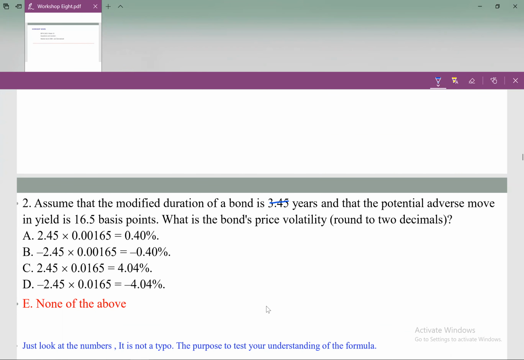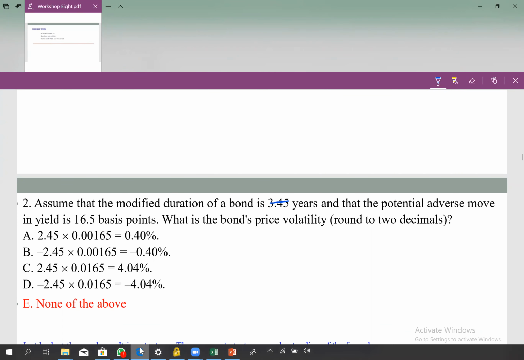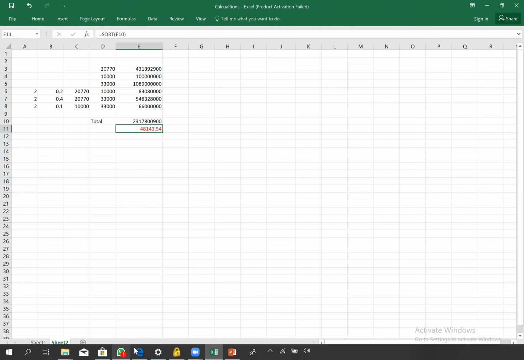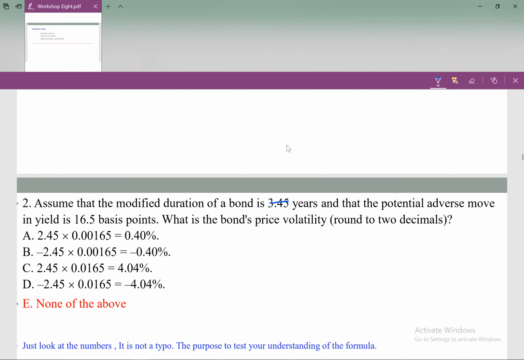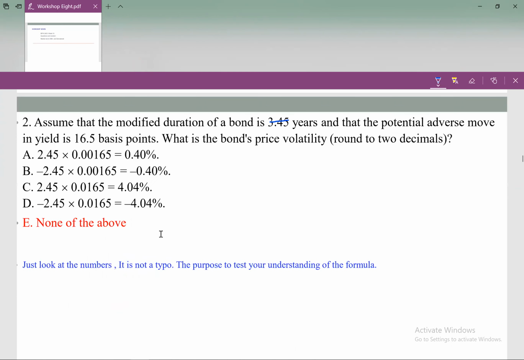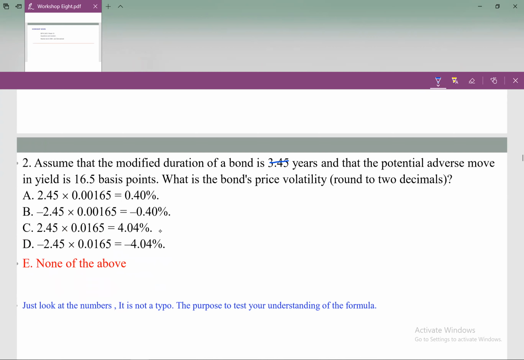The problem is this number. It doesn't fit anywhere here. So the answer is none of the above. It's 345, which is actually none of the above.